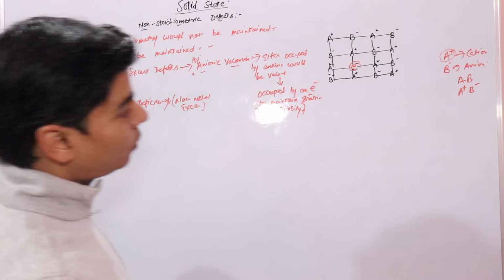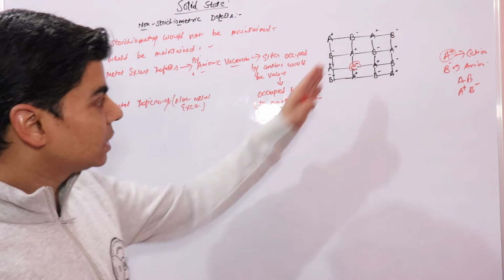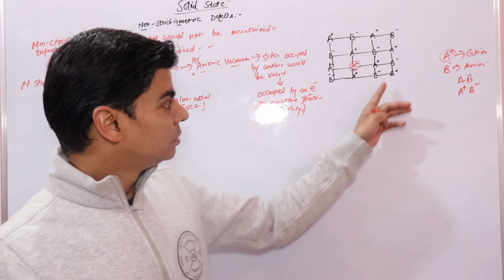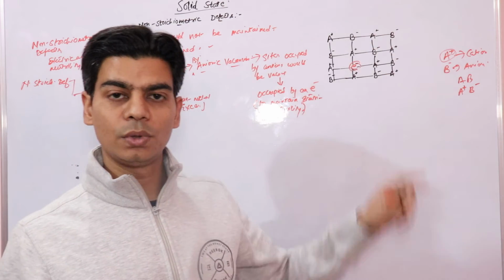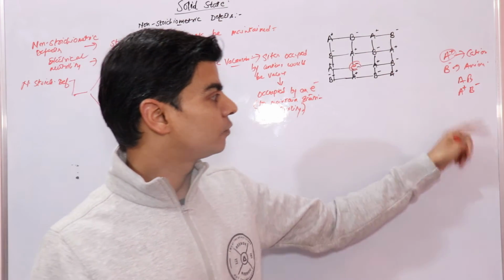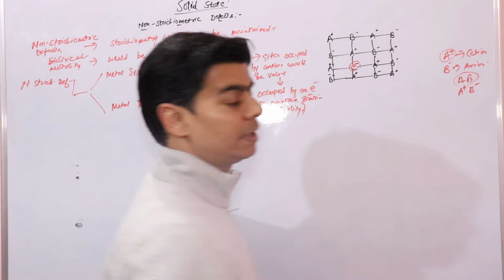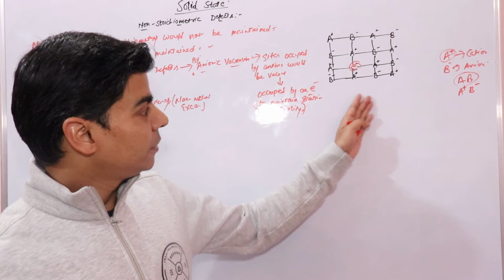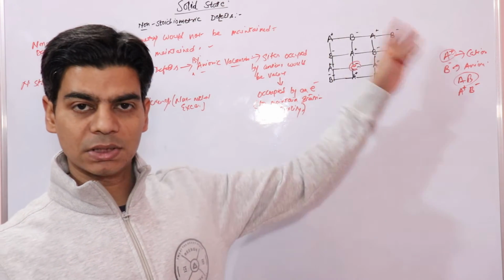Now, due to this electron which has occupied an anionic site, this crystal of sodium chloride, this crystal of compound AB, would appear colored. Now let's say this is a sodium chloride crystal lattice.